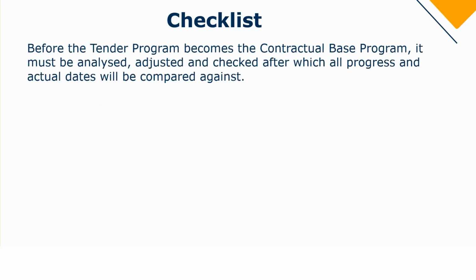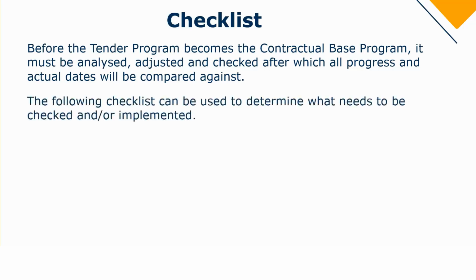Before the tender program becomes the contractual base program, it must be analyzed, adjusted, and checked, after which all progress and actual days will be compared against. The following checklist can be used to determine what needs to be checked or implemented. As I've mentioned, this is covered in detail in the C202 planning course.